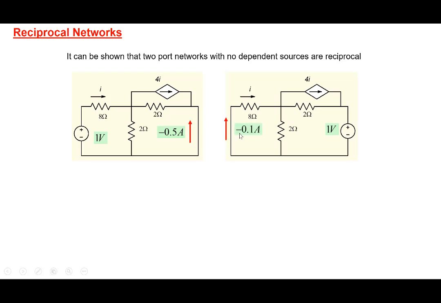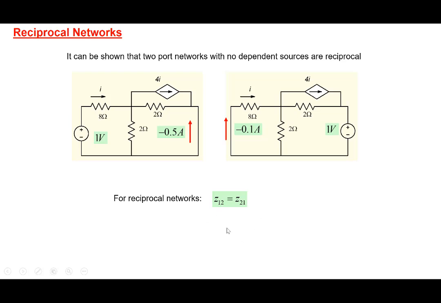Well, I'll measure a current of minus 0.1 ampere here. Because in my 2-port network, there are dependent sources here. The circuit is no longer reciprocal. Okay. So the important thing is that for reciprocal networks, Z12 is Z21. And therefore, we don't have to determine 4 elements. We just have to determine Z11, Z12, and Z22.